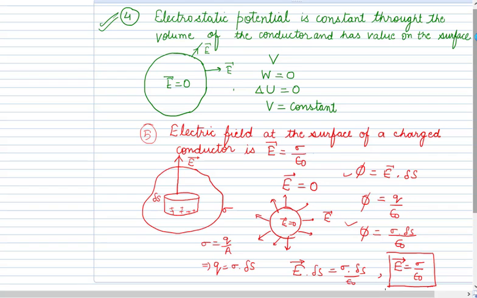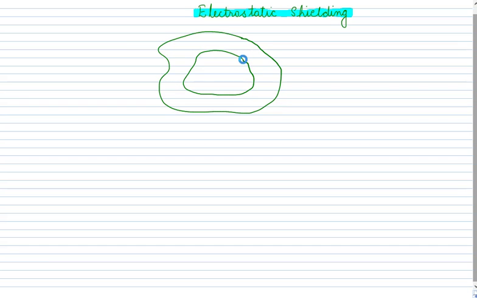Now there is an application which is known as electrostatic shielding. To understand electrostatic shielding, we take a conductor of any shape, randomly any shape, and inside this conductor we take a cavity. Since this is a conductor, inside the conductor electric field E is 0, so inside the cavity also E is 0, and E is 0 means there is no charge distribution, no surface density, sigma is also 0.